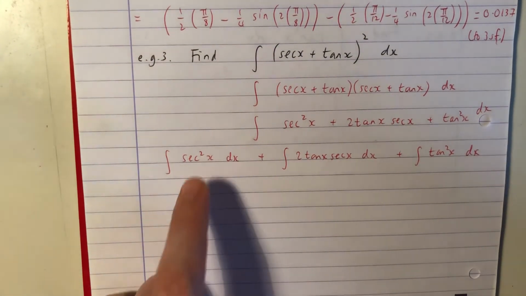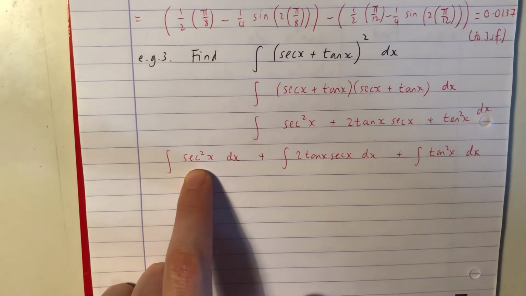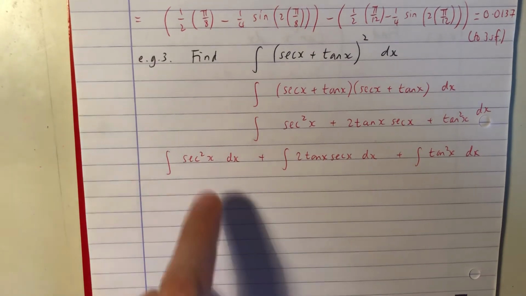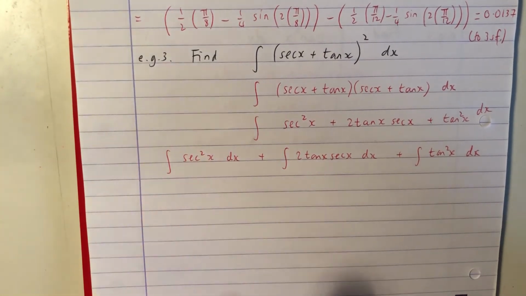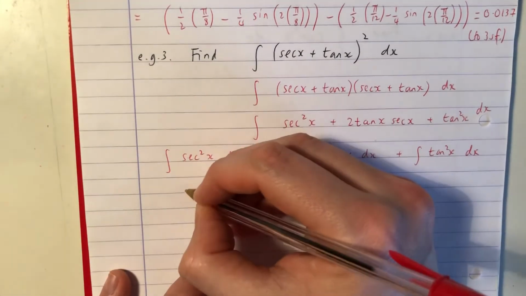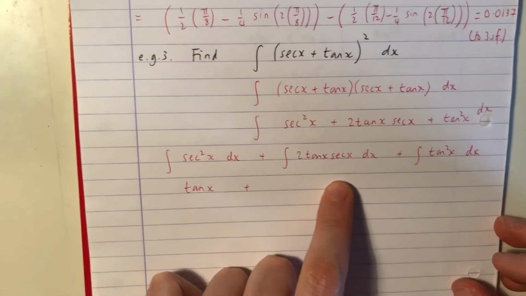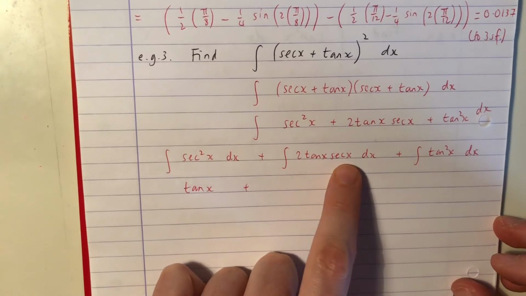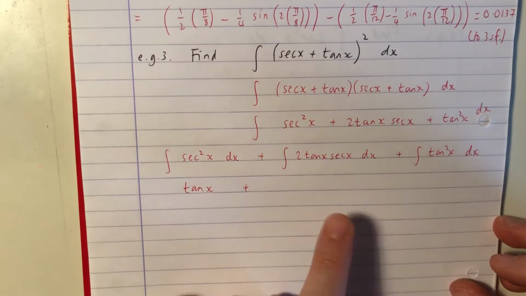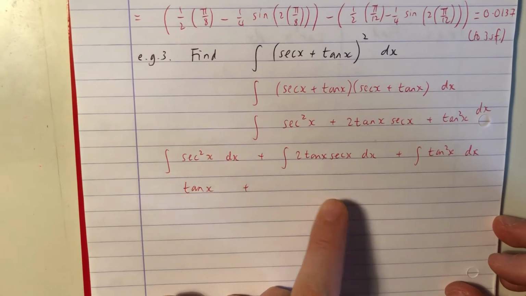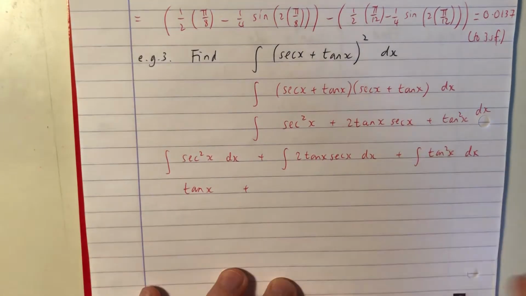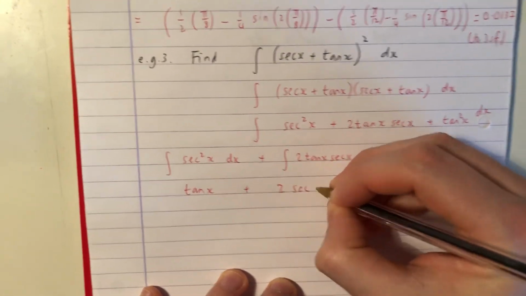So you should know that sec squared integrates to tan, and because there's no multiples or anything, it's just x's, you can just write the answer down. Okay, you should know that tan x sec x from that page in the book integrates to sec x. So 2 of them would be 2 sec x.